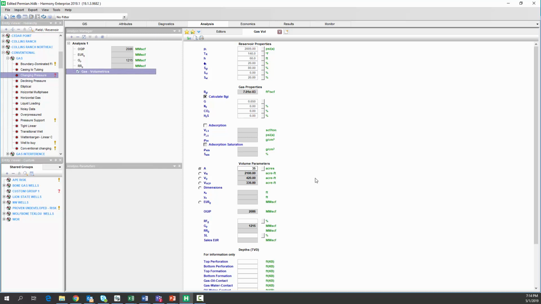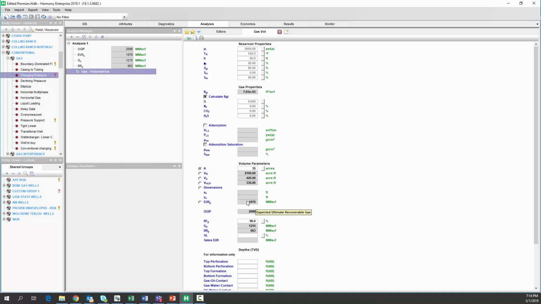So what that does is it lets me estimate an original gas in place of about 2.1 BCF. If we wanted to take a guess at a recovery factor, this is a conventional vertical gas well, I could put 90%, and that is going to give us an EUR.